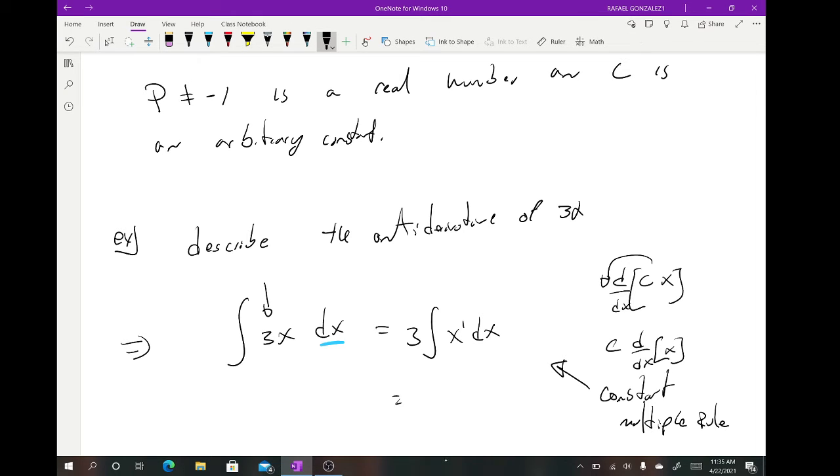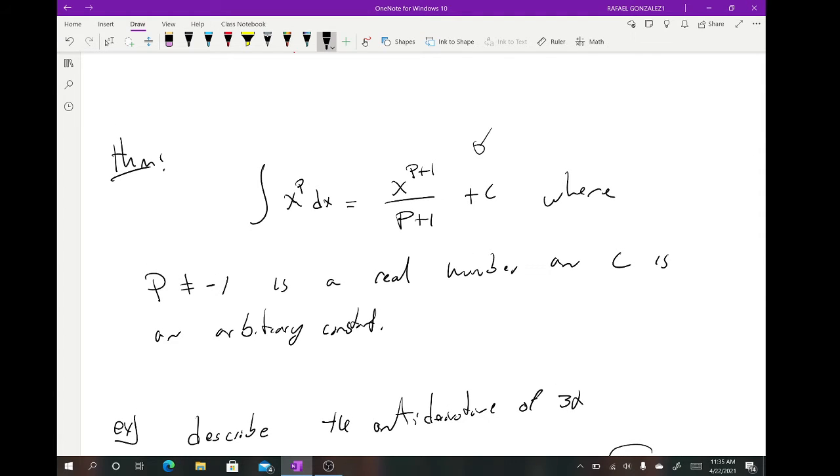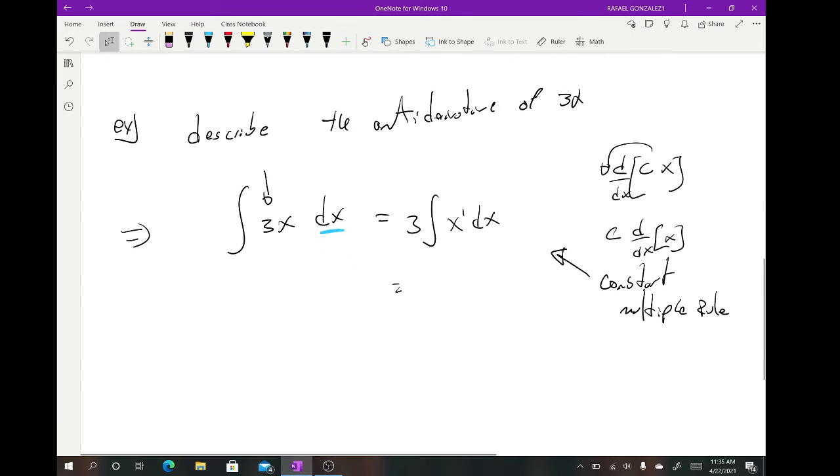Now, this x is to the power 1. So when we find the antiderivative of x to the 1, we will be using the power rule. So what does the power rule say? The antiderivative of x to the p is x to the p plus 1 divided by p plus 1, where p is the power or exponent.